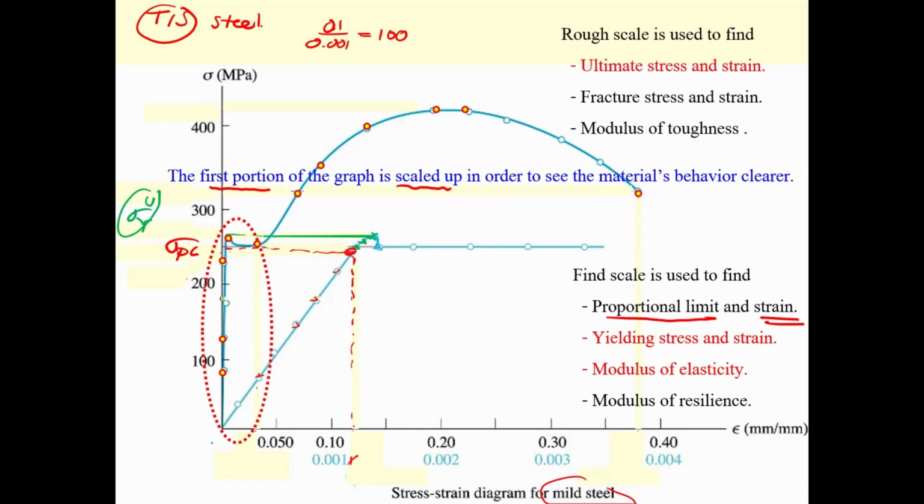Okay, this is due to the rearrangement of the grain of the steel. Then the stress occurring over here will be very close to the proportional limit. We call this sigma sub y, the lower yielding limit. This is going to be taken as the yielding point of the steel.